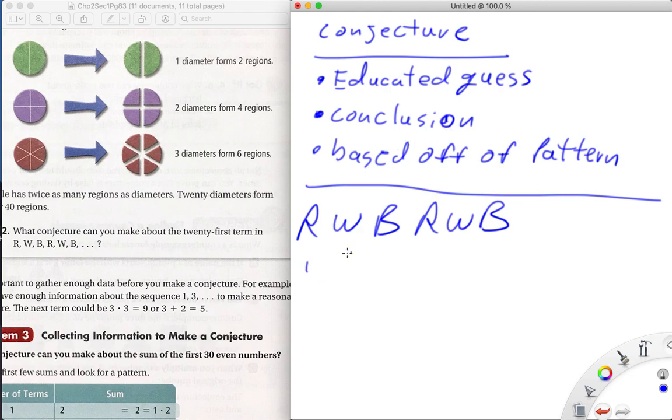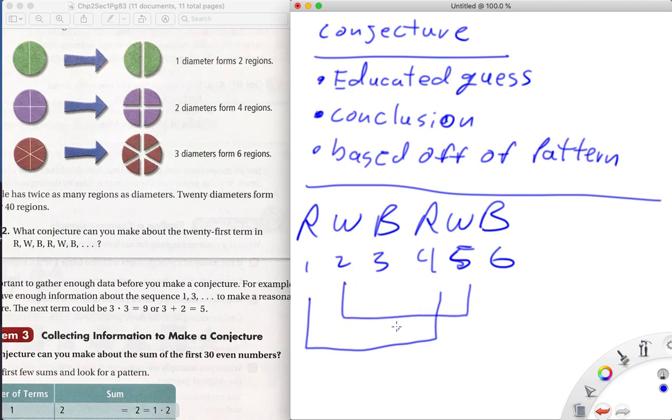So this is the first, second, third, fourth, fifth, and sixth, right? So we have the same R at the first and fourth. We have the same W at the second and fifth, and then the same B at the third and sixth.